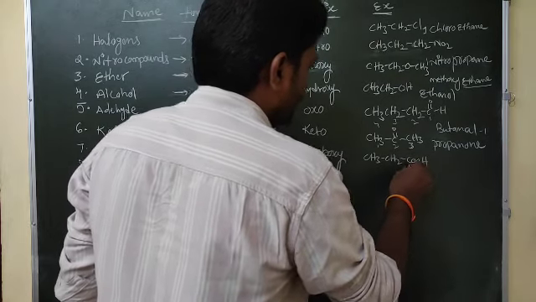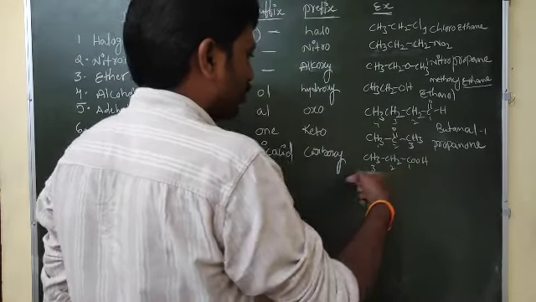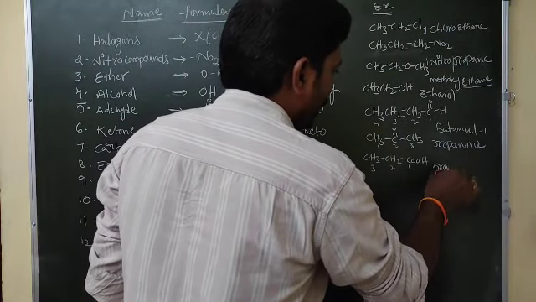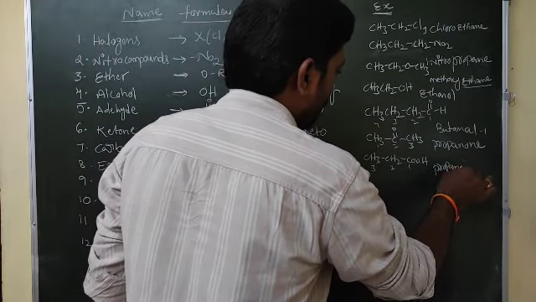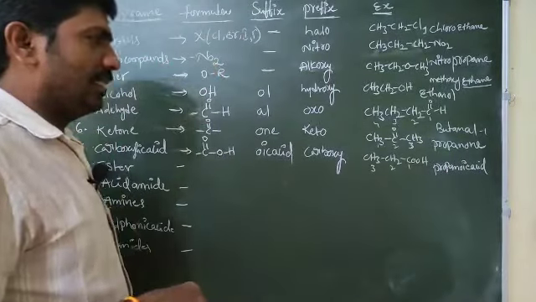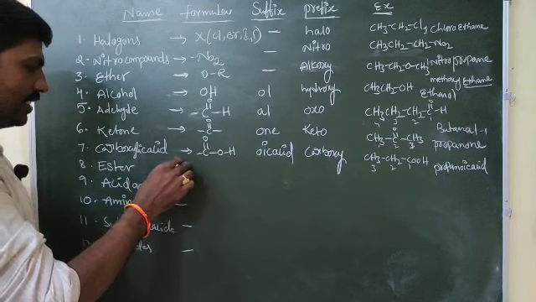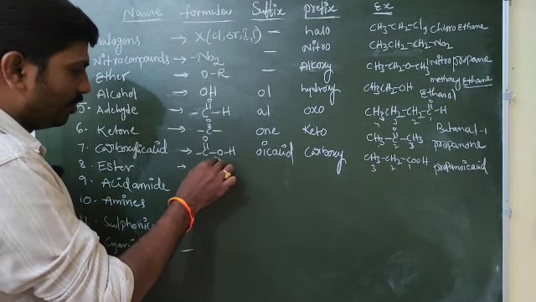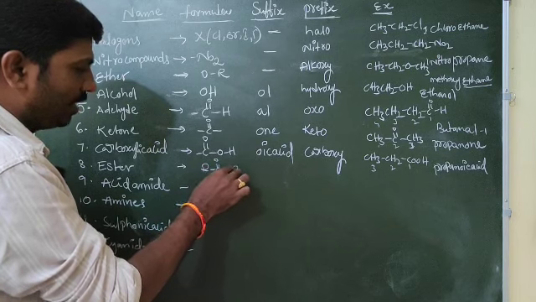This one is 1, 2, 3, so 3 carbons: propanoic acid.